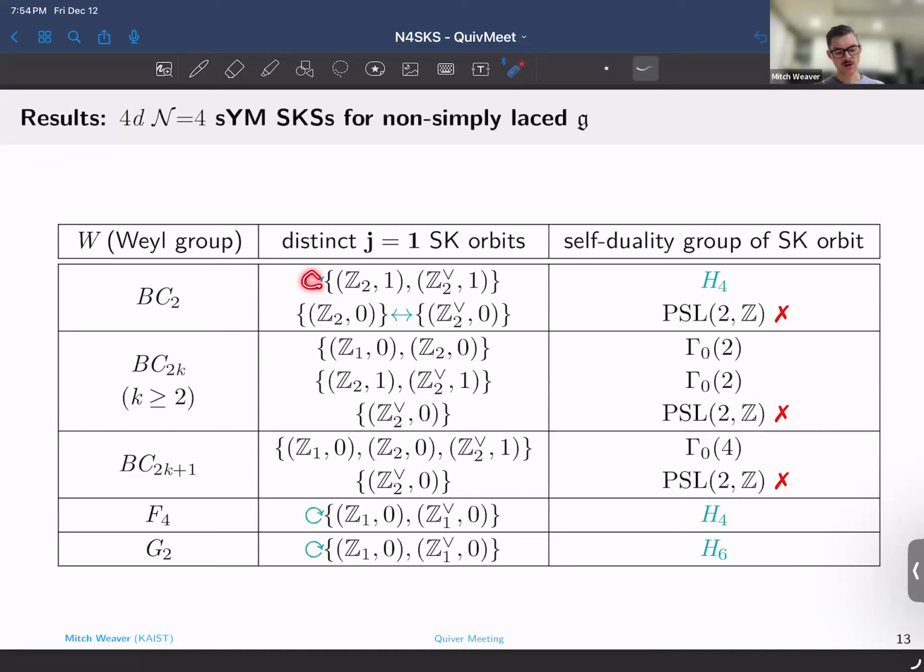There's an outer automorphism, which is a self-duality transformation of this orbit, and there's also an outer intertwiner that relates two different SK orbits. And likewise, the same thing is happening down here.